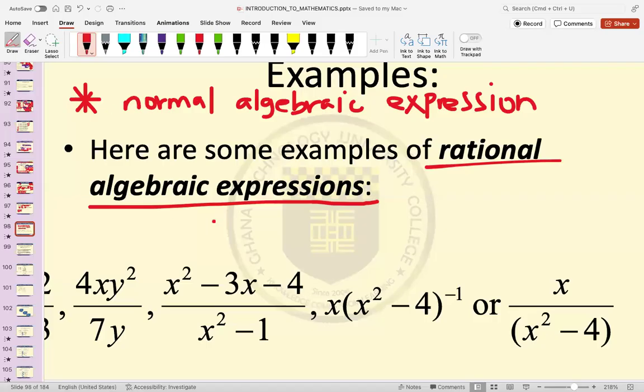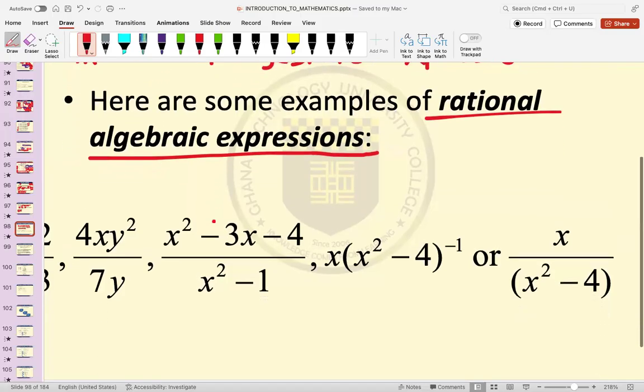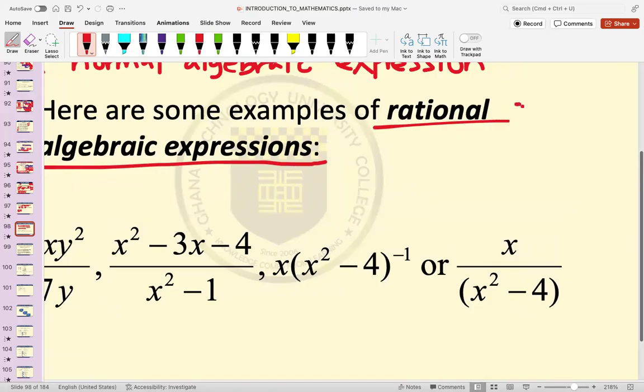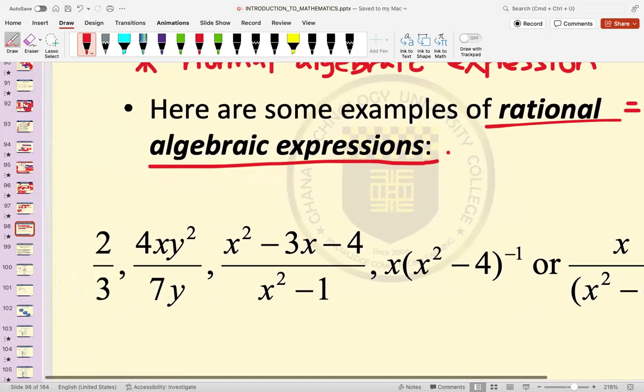What are rational algebraic expressions? Remember, rational numbers are numbers that have two integers, an integer up and an integer down. But for the rational algebraic, you can have alphanumeric up and down.